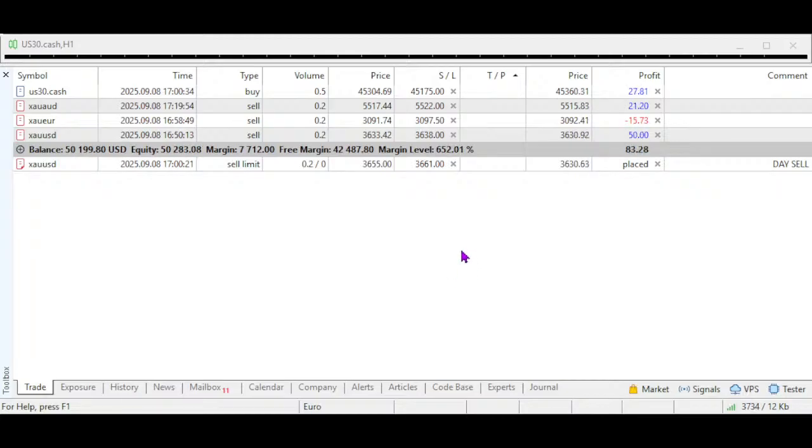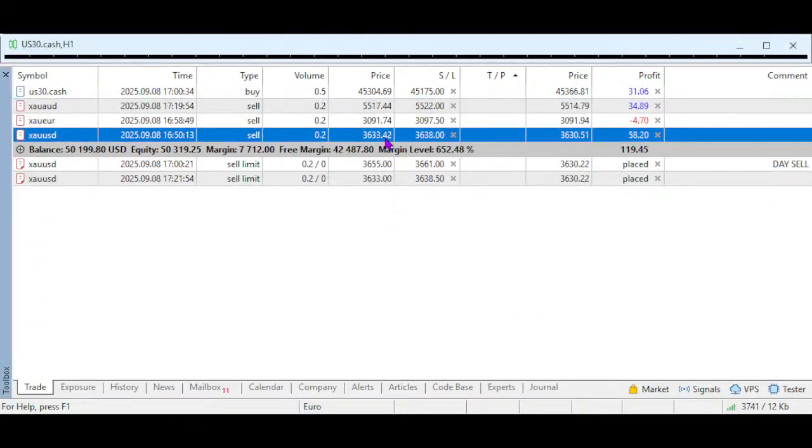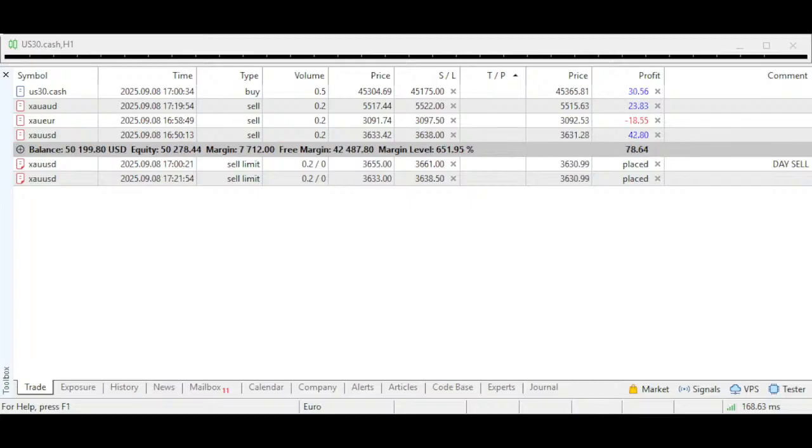See, this one we don't have to chase the market because we have already taken the trade. So we will just concentrate on the market. Now we got to see the price breaking 28.